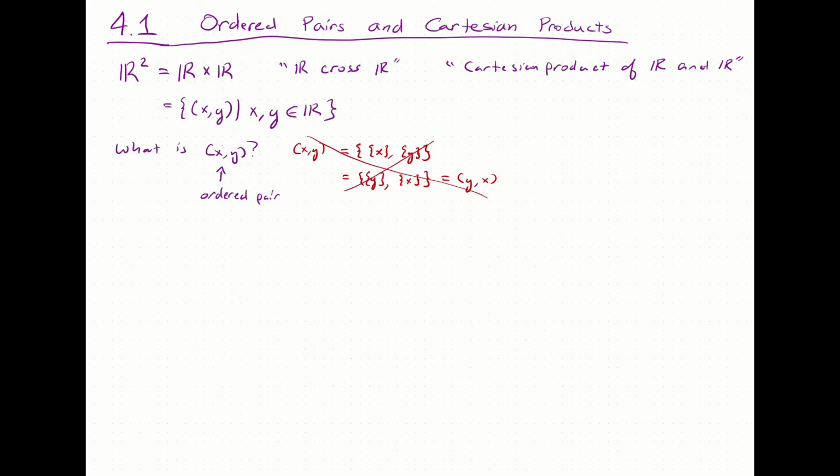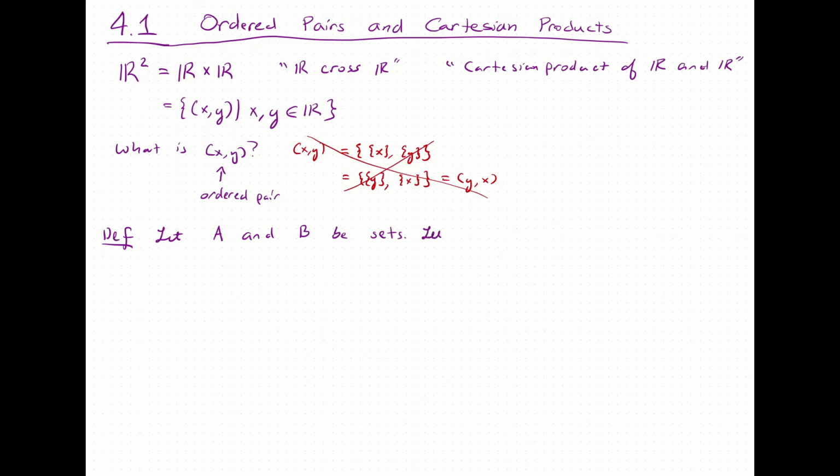And so the definition that we are actually going to be taking is the following. Let's go ahead and define an ordered pair as a set. Let A and B be sets.